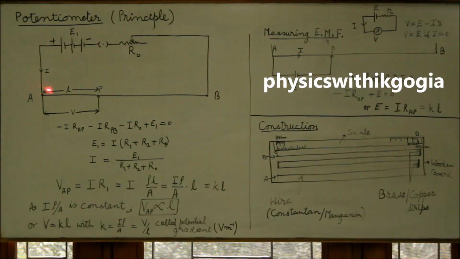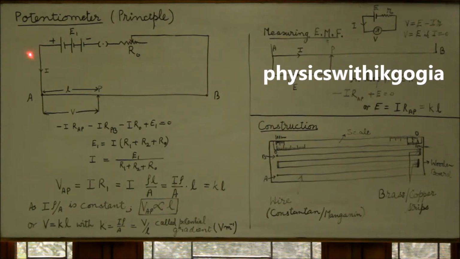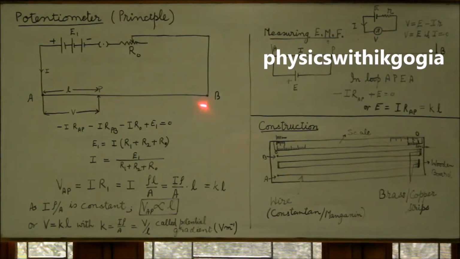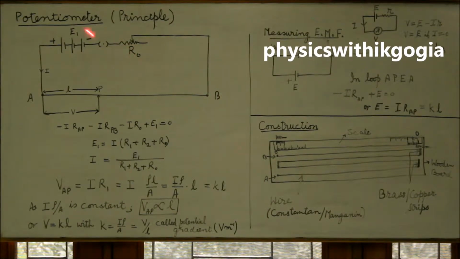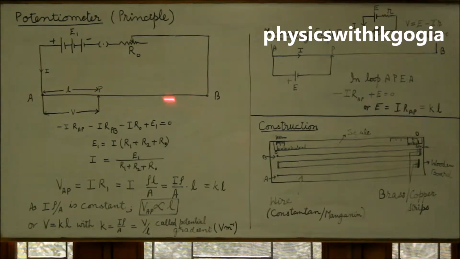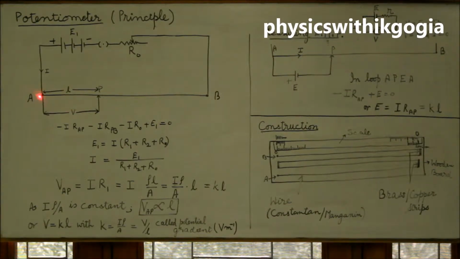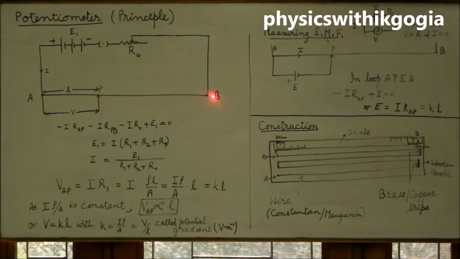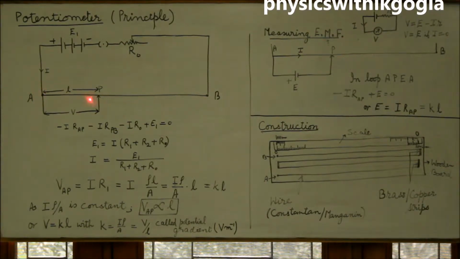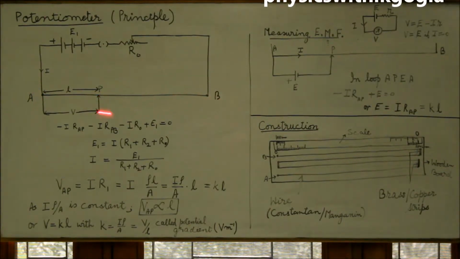Suppose a current I flows through this circuit. Now, if you apply Kirchhoff's law to the loop A, B, R0, E1, A, here the wire AB is divided into two parts, AP and PB. Let's denote resistances as RAP and RPB.